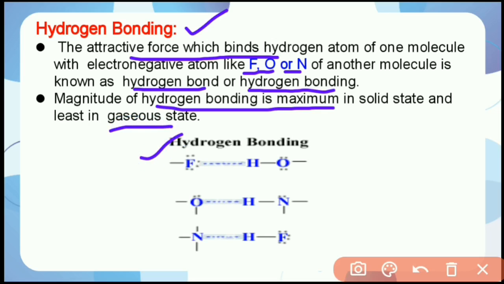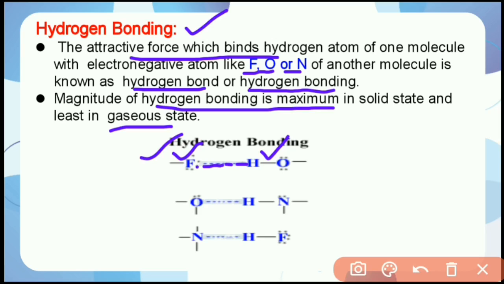For example, hydrogen bonding of the fluorine atom with a water molecule's hydrogen. The dotted line shows the hydrogen bonding between hydrogen and fluorine. Fluorine is a highly electronegative atom. Similarly, here hydrogen bonding forms between oxygen and hydrogen atoms, from the ammonia molecule's hydrogen bonding with a water molecule. Here oxygen is the more electronegative atom.